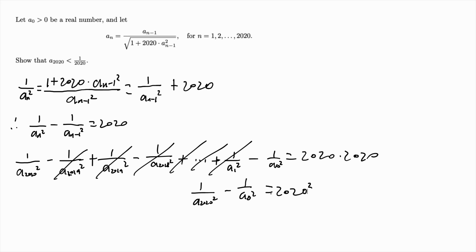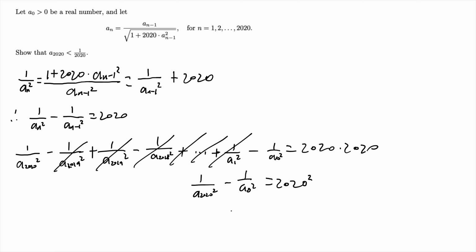Now notice that because a sub 0 is greater than 0 and is a real number, we know that 1 over a sub 2020 squared is greater than 2020 squared. And notice that this should be true.